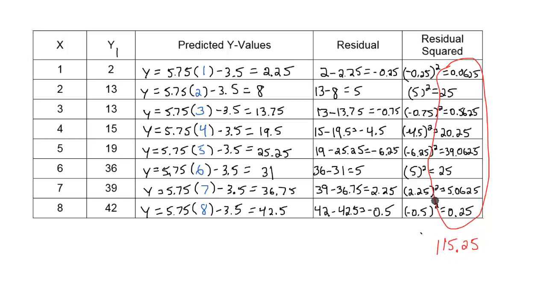Now, something that people often ask is, well, why do you even bother squaring all these residuals? Why don't you just add up all these residuals? So if you go ahead and take all these residuals here and add them together, that number is going to be 0.